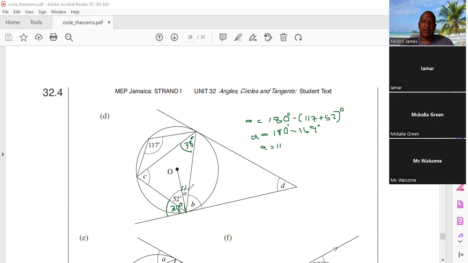Could somebody write that out quickly? 52 plus 11, that's 63, plus that's 83 plus 8, that's 91.